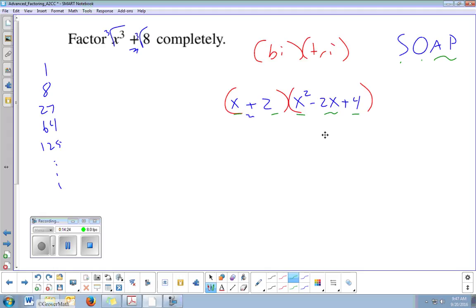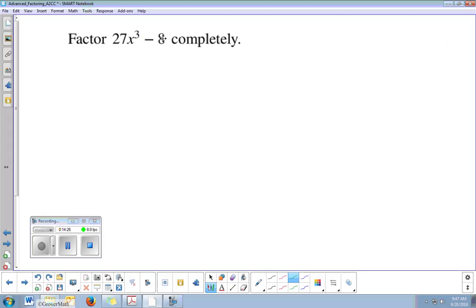Let me show you one more example. 27x cubed minus 8. So the binomial is going to be just the cube root of these with the same sign. The cube root of 27x cubed is 3x. The cube root of 27 is 3, because 3 times 3 times 3. And same sign, the cube root of 8 is 2.